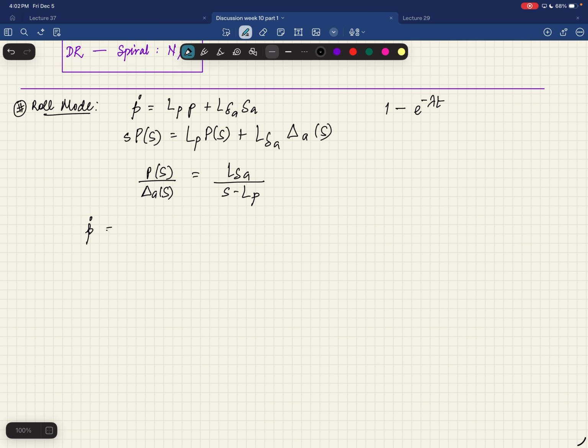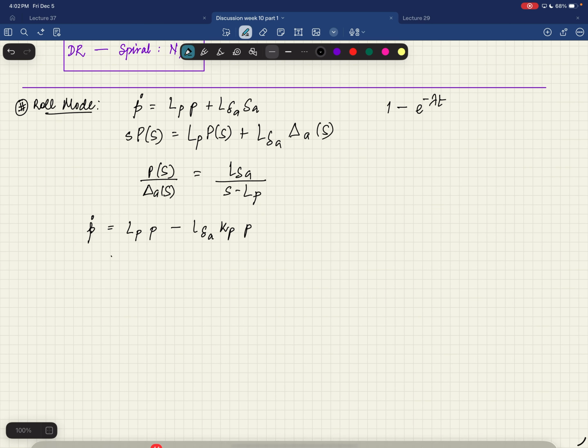All that is happening here is P dot equals L_P P, and now it becomes minus L_deltaA K_P P. So now you have L_P minus L_deltaA K_P. What's the new eigenvalue of my system?